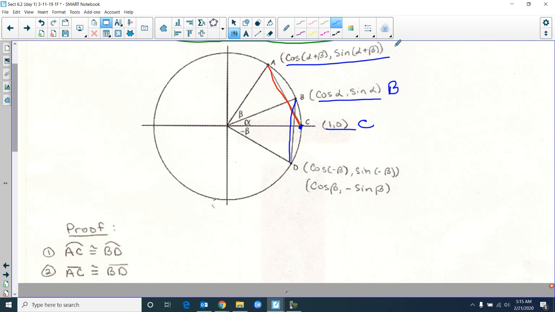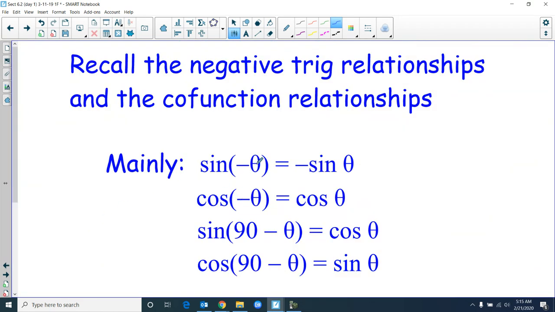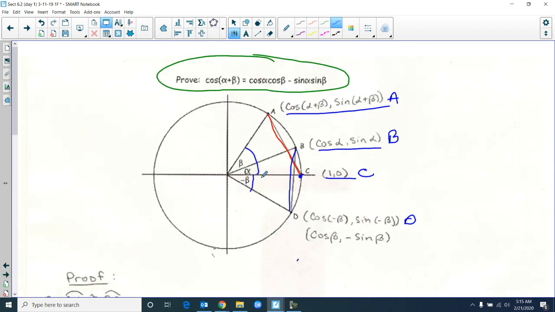This point right here, A, well, this whole angle, so it's cosine of alpha plus beta, comma, sine of alpha plus beta. And then point D right here is cosine of negative beta, sine of negative beta. Well, cosine of negative beta, from what we did just on the previous slide, cosine of a negative of an angle is the same as the cosine of the angle, while the sine is the opposite.